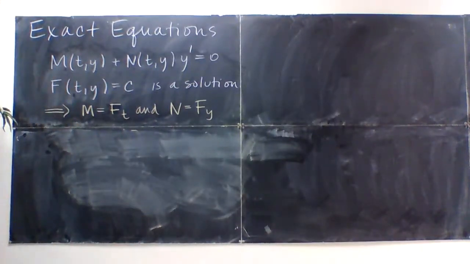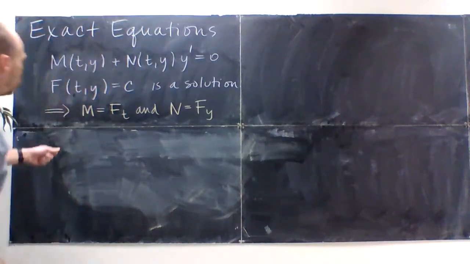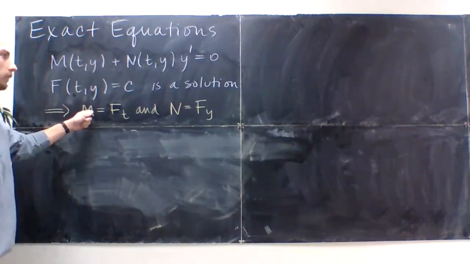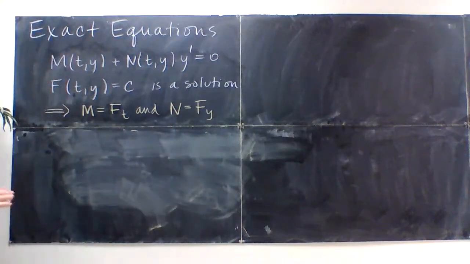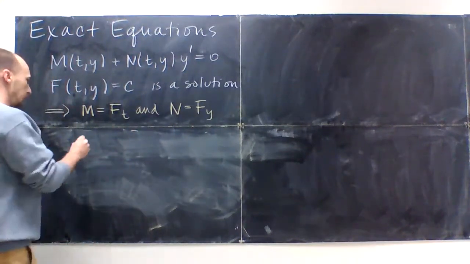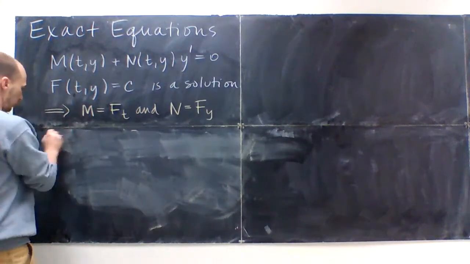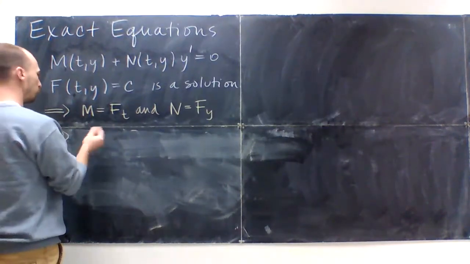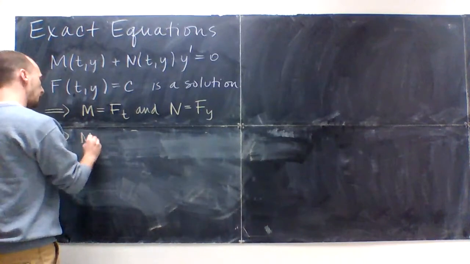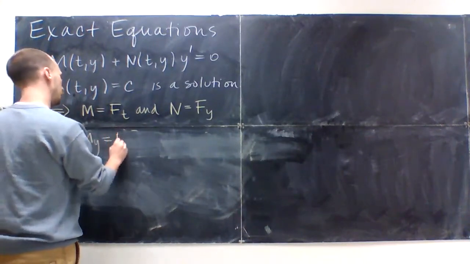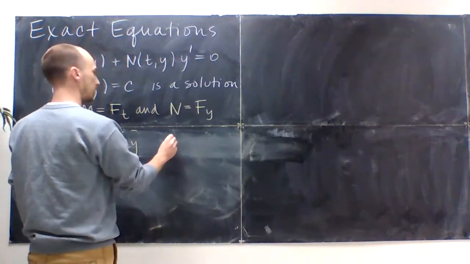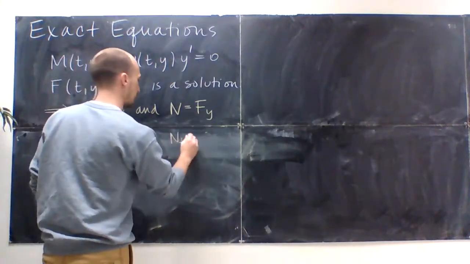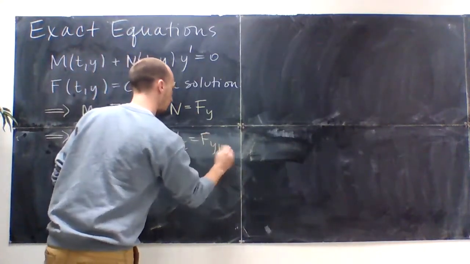And if this is the case, then we're going to need m_y to equal n_t because of the equality of the mixed partials. Okay. So, the Clairaut theorem, the mixed partials: m_y is going to be f_ty, and n_t will be f_yt.